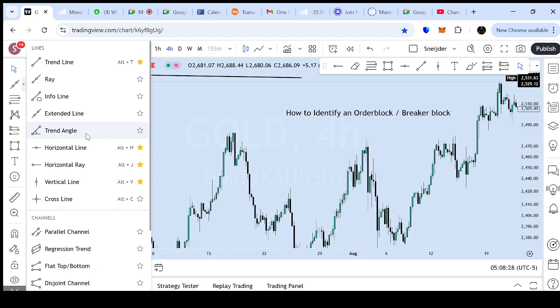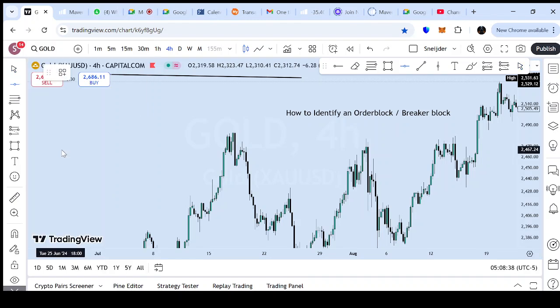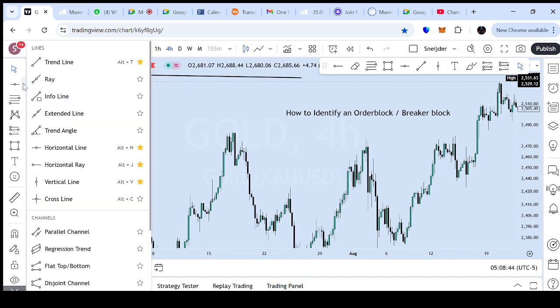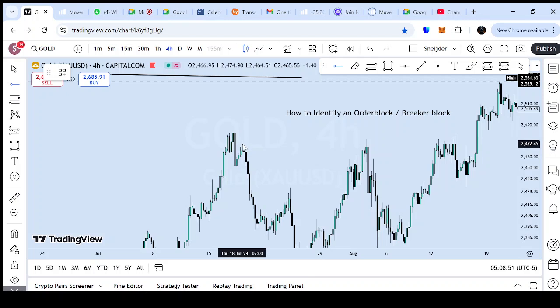So the ones I use mostly are horizontal line and horizontal ray. Horizontal line can act as an extended line too. This horizontal line is something like this. Then for horizontal ray, it is when you want to measure out a liquidity resting above.